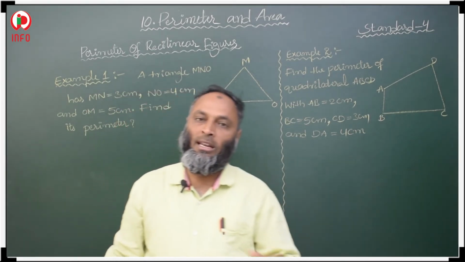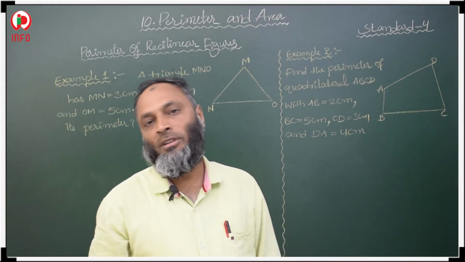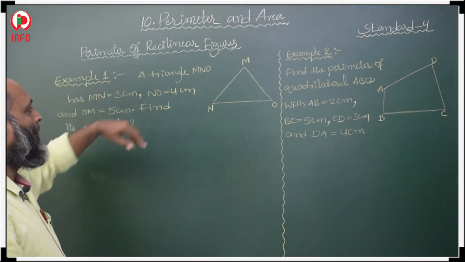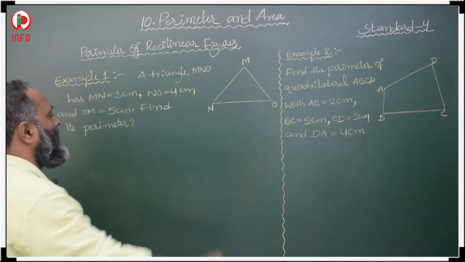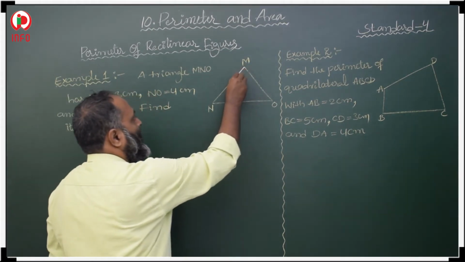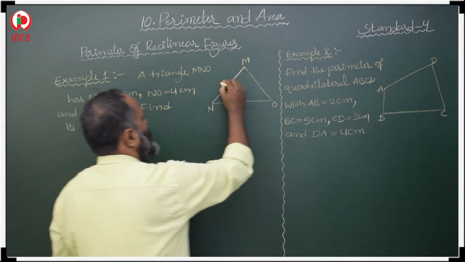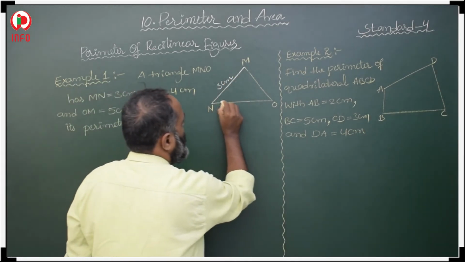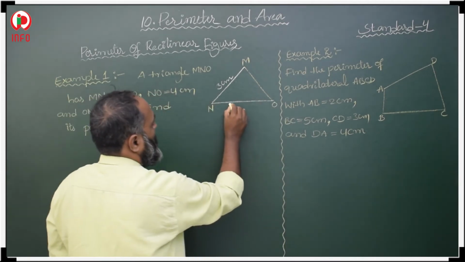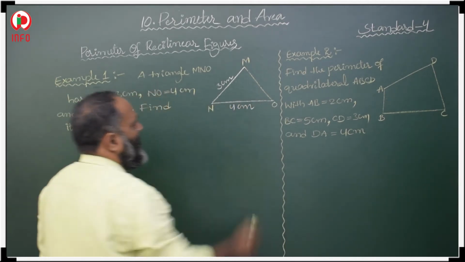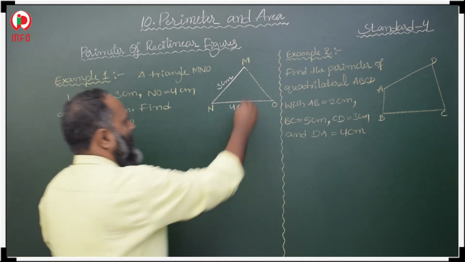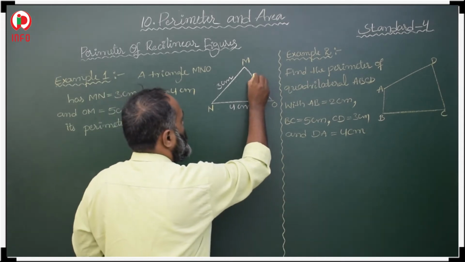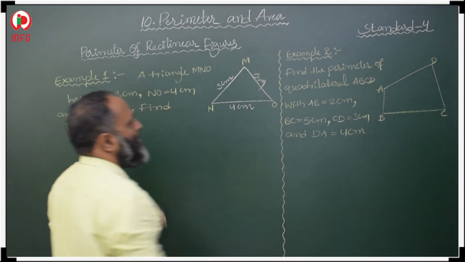Whatever the distance, whatever the length is given, we should write that length with units. See here, in example 1, a triangle MNO has MN length given as 3 centimeters, NO side is 4 centimeters, and OM side is 5 centimeters.